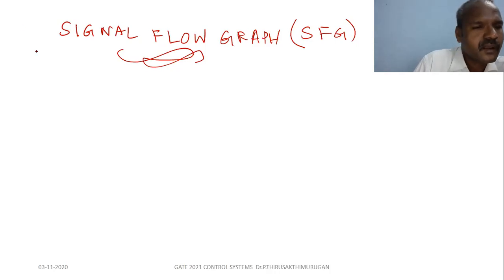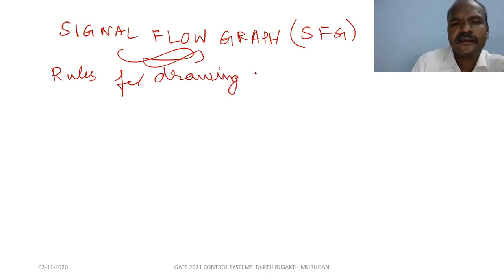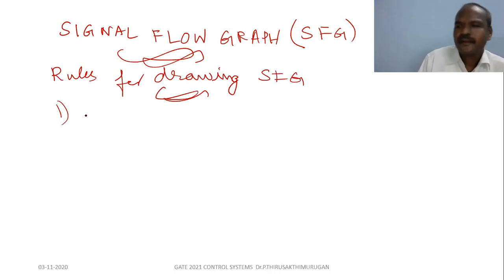Rules for drawing a signal flow graph. The adjacent summing point and the takeoff point should be in the same direction.